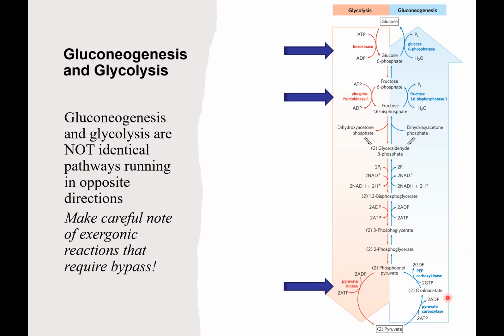And in reverse, it's pyruvate carboxylase, PEP carboxykinase, fructose 1,6-bisphosphatase, and glucose 6-phosphatase. So we're going to go through all these bypass reactions. They're called bypass reactions, by the way, because they are bypassing the glycolytic reactions that are exergonic.